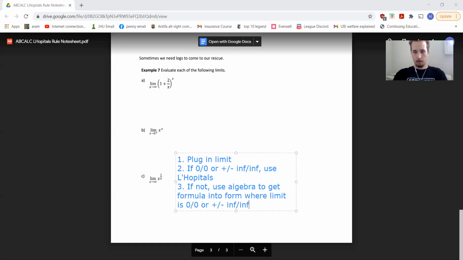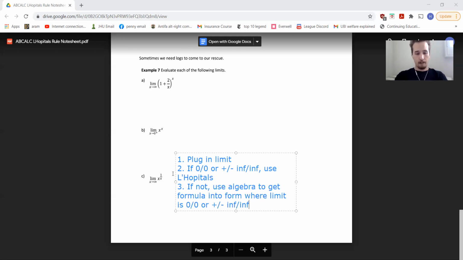And then you can use L'Hopital's. Now, in this case, we're using logarithms to get the 1 over x out of the exponent. But you might have to use other tricks to be able to do that. It's not always going to be logarithms. In these examples, it is.